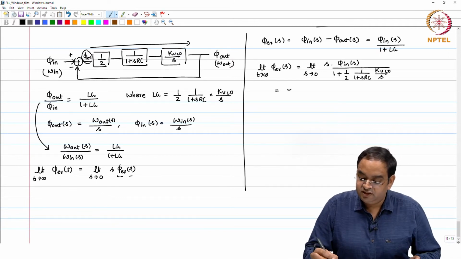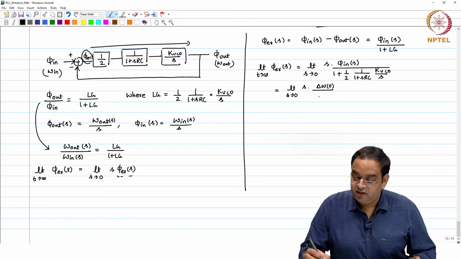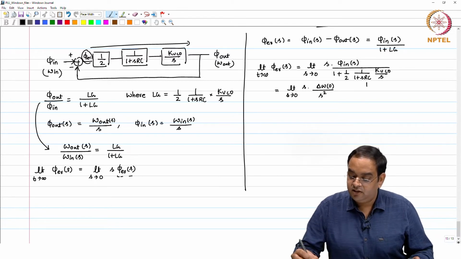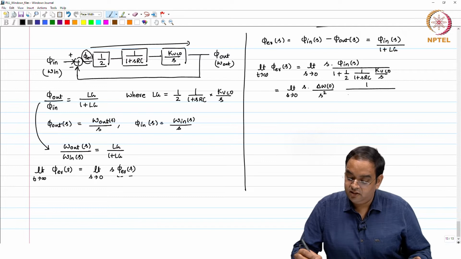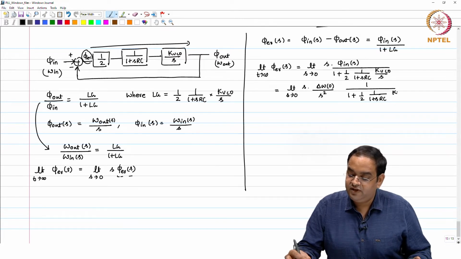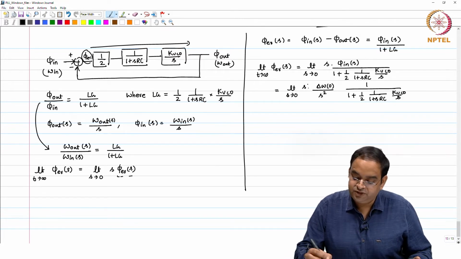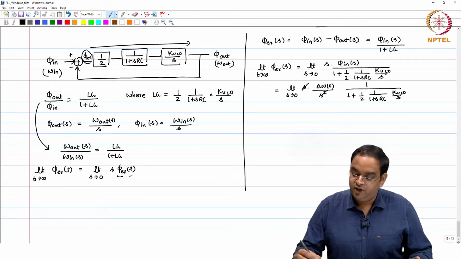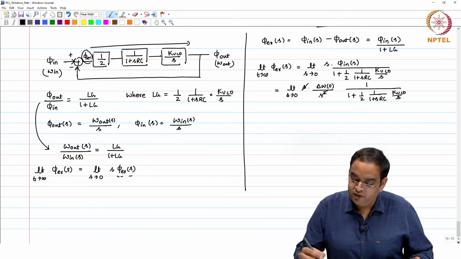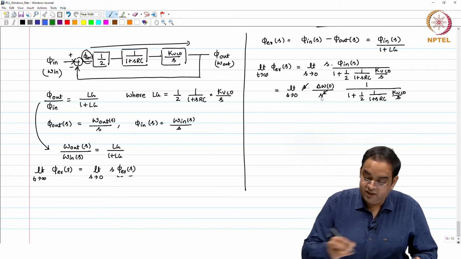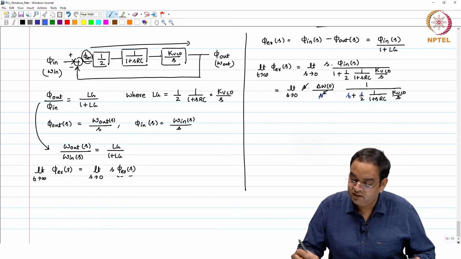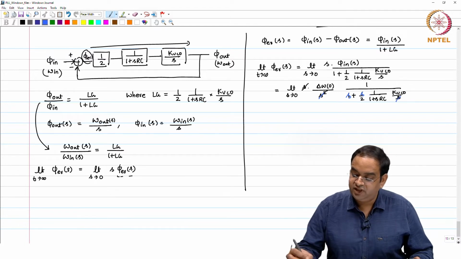This is going to be the limit of s tends to 0, s into delta omega 0 divided by s square, times 1 divided by 1 plus half times 1 plus SRC times KVCO over S. You substitute this, S goes off, you multiply S here, and you see this cancels out.